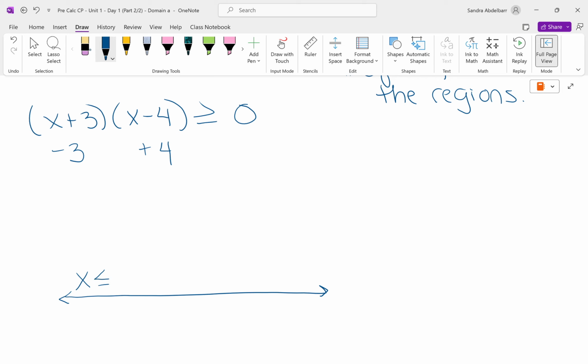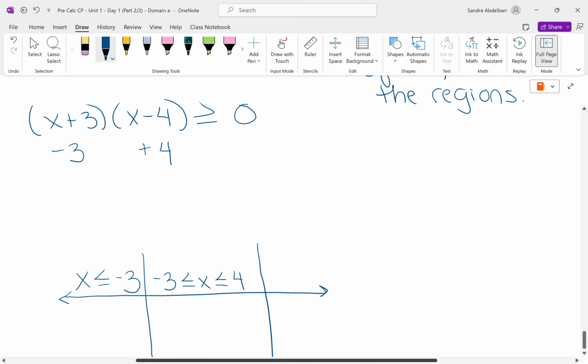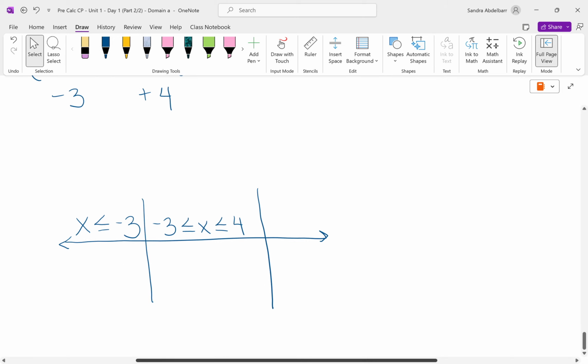What's our smallest number? -3. So I'm going to test all numbers that are less than or equal to -3. Then we test the numbers between the two reference numbers, so -3 is less than or equal to x, which is less than or equal to 4. What's the last region I test?